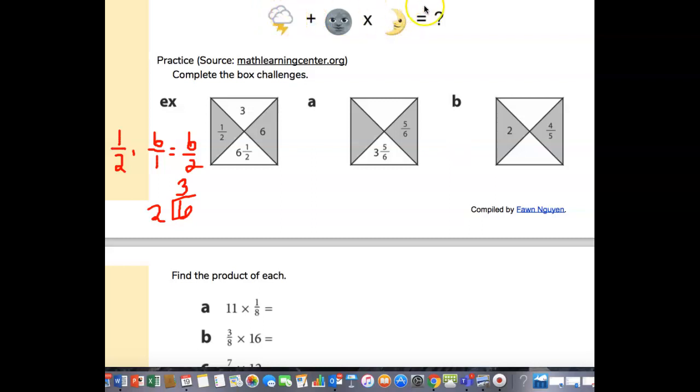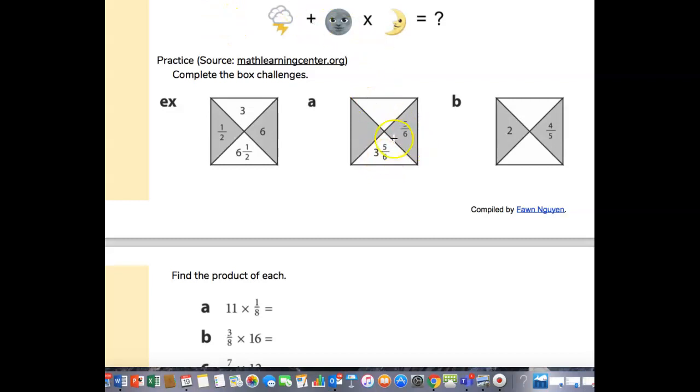All right, so let's take a look and see. Oh, this is going to be tricky. Let's see. So we need an answer of 3 and 5/6. Okay, maybe this will be okay. All right, so we have to, hold on.